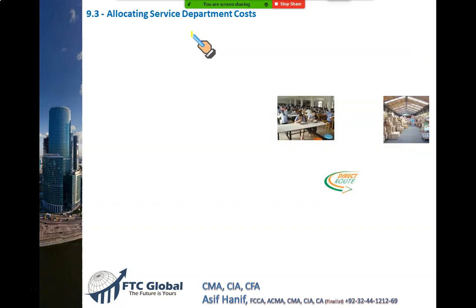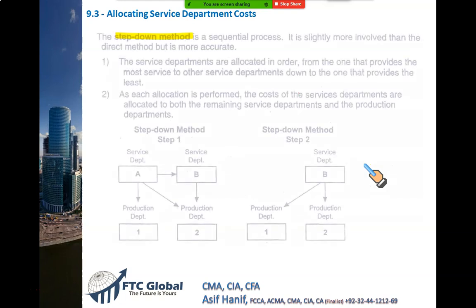Why reasonable? Because we just learned that people in the stores department eat food from canteen, and canteen keeps its material in the stores. So basically they take each other's service. We must consider that. So this is one step we call the step down method.